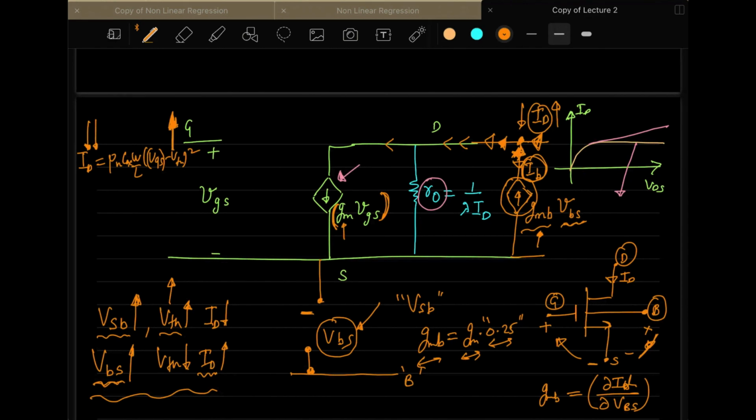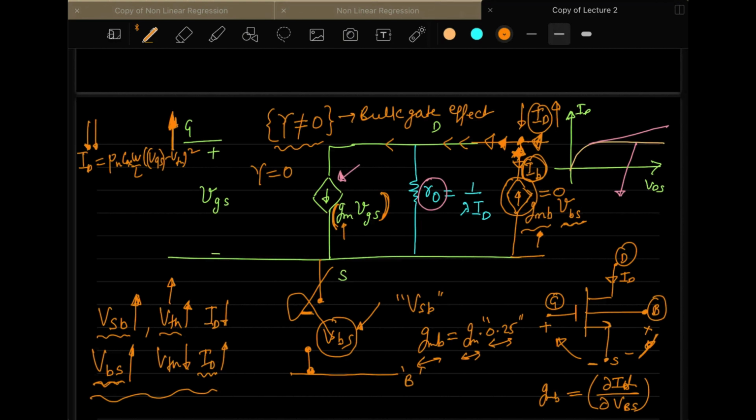Whenever gamma is not equal to zero in questions or wherever you see that, that means you have a bulk gate effect. And when gamma is zero, then you can take this current source as zero, and there is no need of taking this type of controlling source.